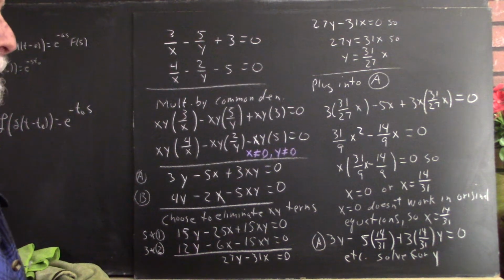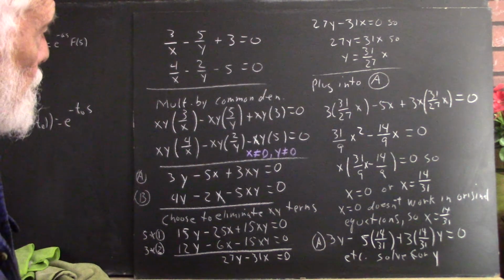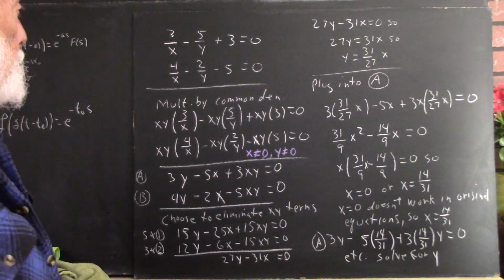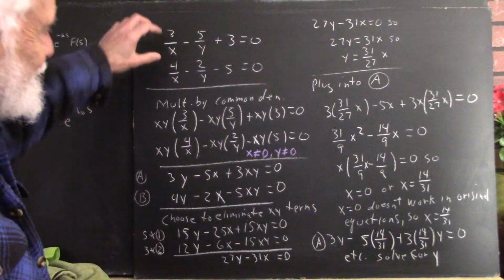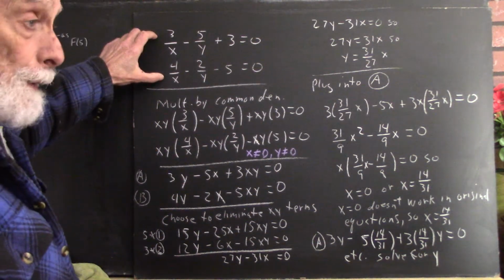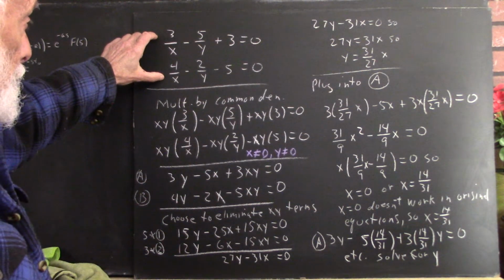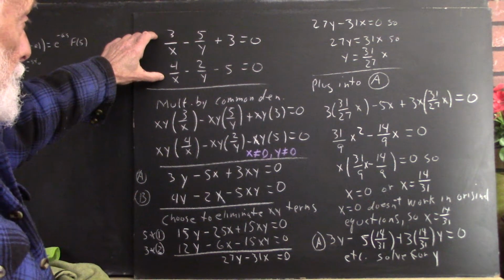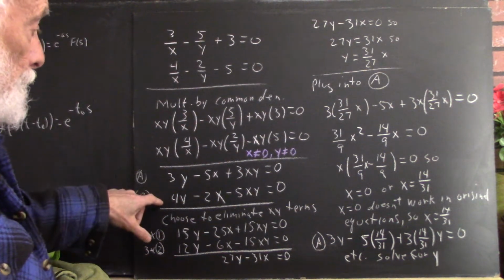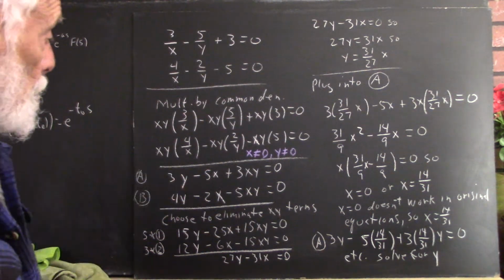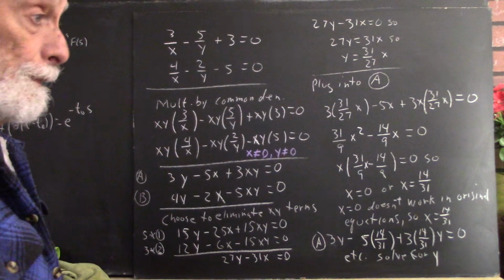The main thing that we want to see here is simply that when you have the denominators, you multiply by them. Depending on how you handle these two equations, you could end up with a quadratic.